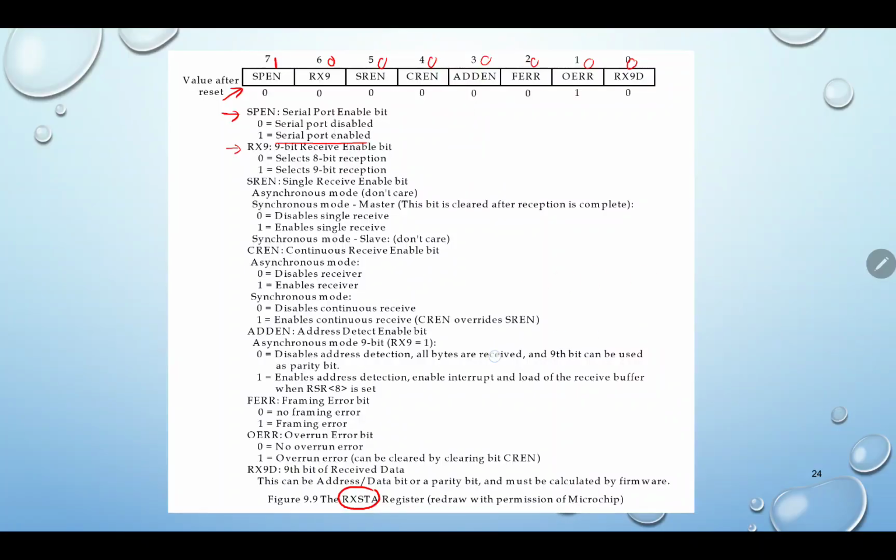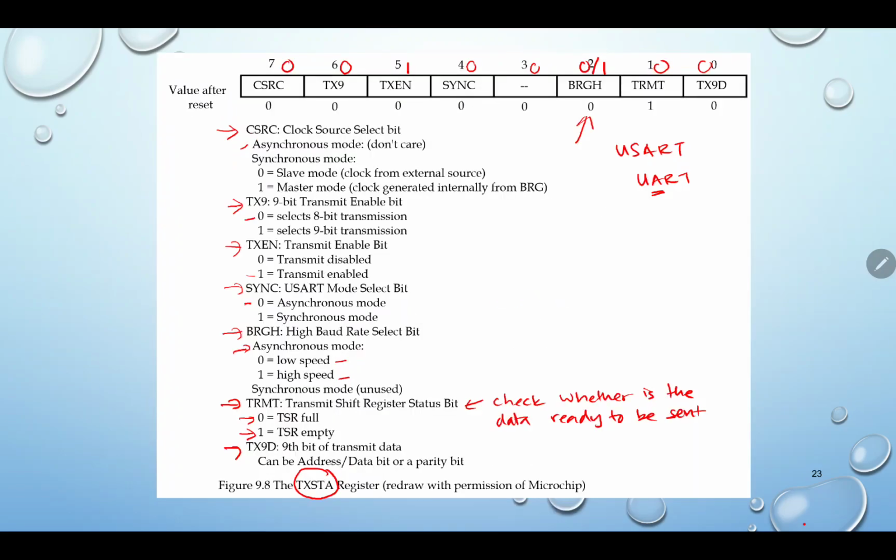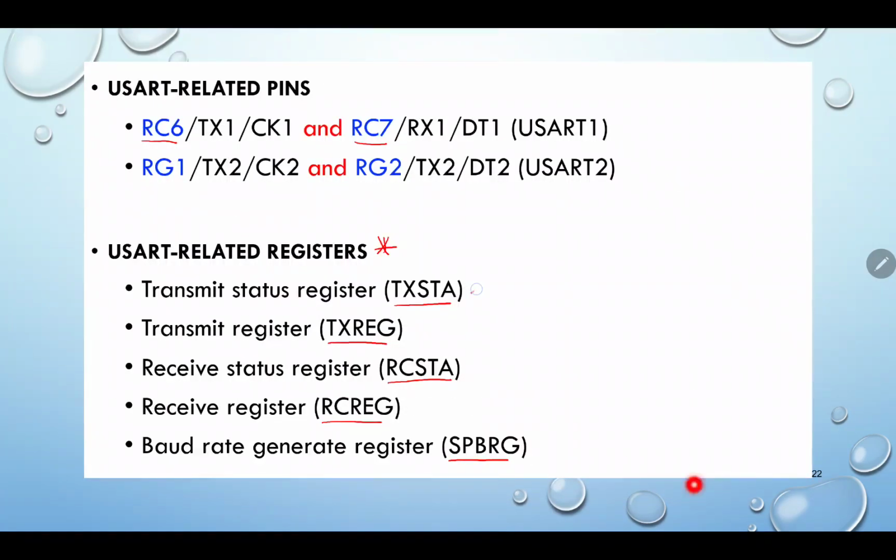Now, let me see what's the next slide. Okay, this is on the calculation. Currently you have the two registers, right? One is the transmit status register and also the receive status register. The transmit status register will indicate whether it is ready to be transmitted, and the receive status register will enable the serial port to receive.